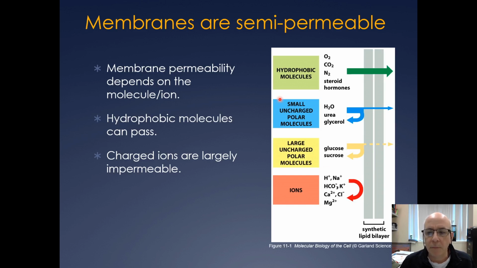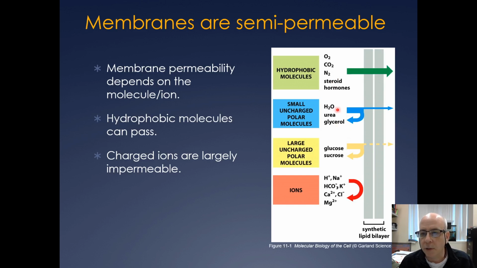So membranes are largely impermeable to just a specific class, and these are charged ions. Certain things can actually cross the membrane, and we saw this before with the steroid hormones that can freely diffuse across the lipid bilayer, and then go on and bind to a nuclear hormone receptor. Small gases like oxygen and CO2 can readily pass the membrane.